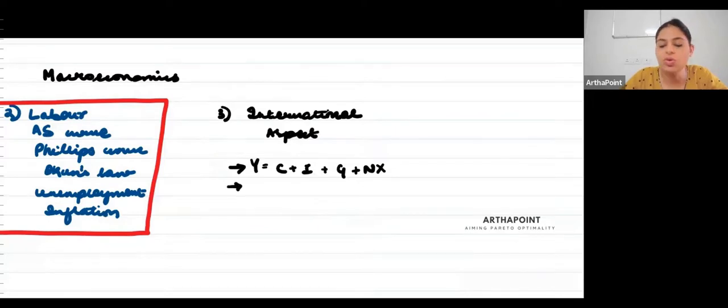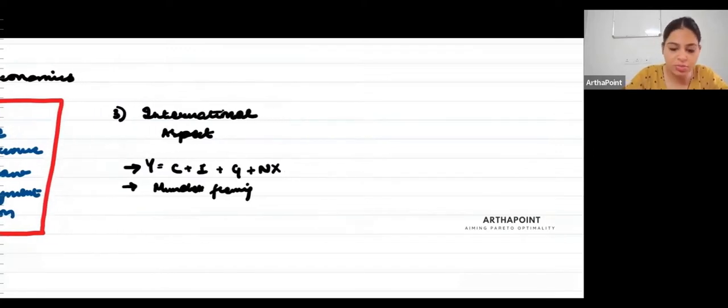Then going ahead and talking about what is Mundell-Fleming model, most important model, etc. The entire international economics. That's the third part.